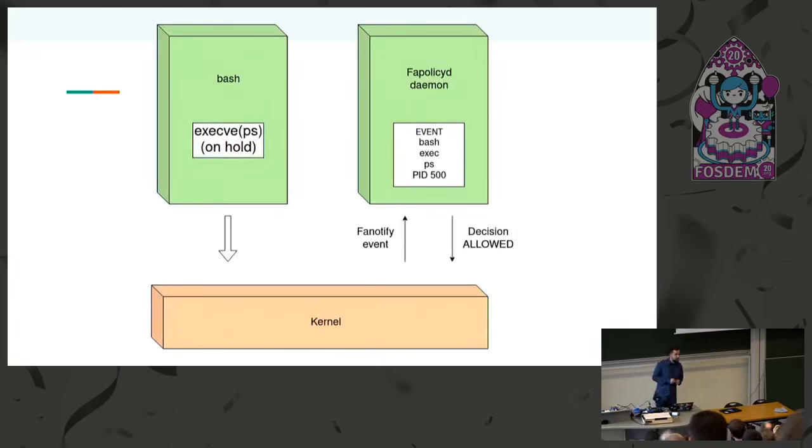So this is a very simple scenario of how Fanotify can work. We have two processes here. The first on the left is bash, which is being watched, and it would like to run the ps command, a standard Linux utility. The execution of this system call will be on hold, and the kernel will notify the Fapolicyd daemon, which is the watcher in this case.